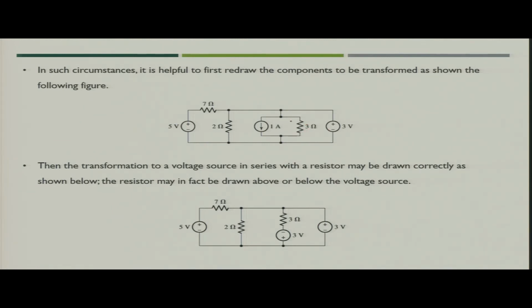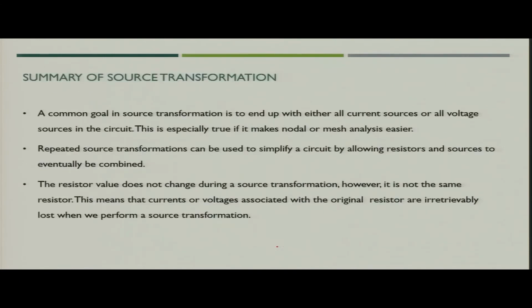When you are sure, then you can apply the source transformation and get the value. So in this case what have we got? We have got a 3 volt voltage source in series with a 3 ohm resistance. The only important thing you have to remember is that the direction of current will give you the idea of how the polarity of the voltage source would be defined.